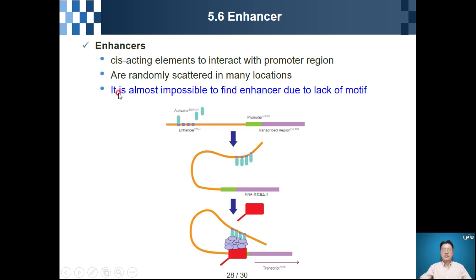It is almost impossible to find an enhancer due to the lack of a motif. Even though we find a region that may be an enhancer, it doesn't have the motif, so we are not sure whether this region is an enhancer or not.